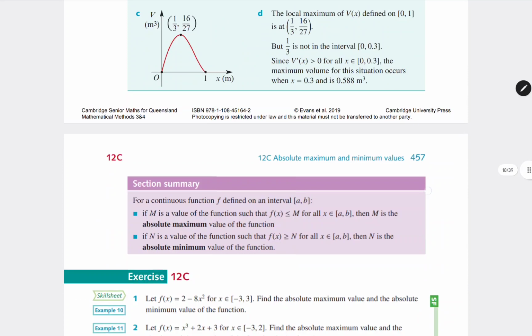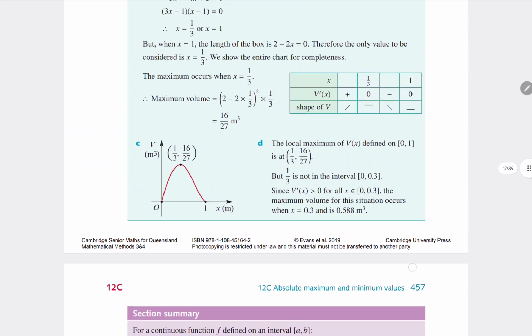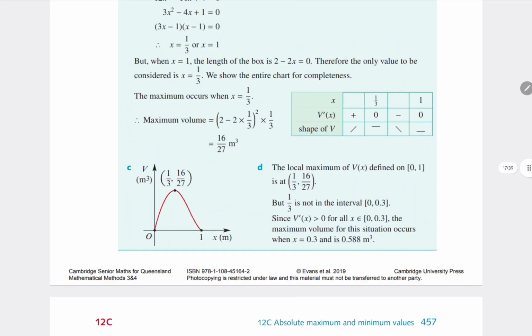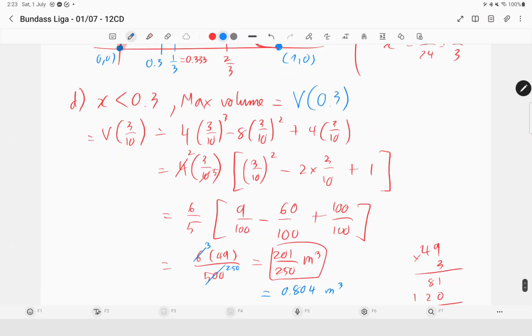Okay, let's see. So 0.3 and is, wait, is 0.588. Whoops, I missed something here. 160, 100 over 100. 3 squared is 9, and then 236 over 5. 40, 49, 120.